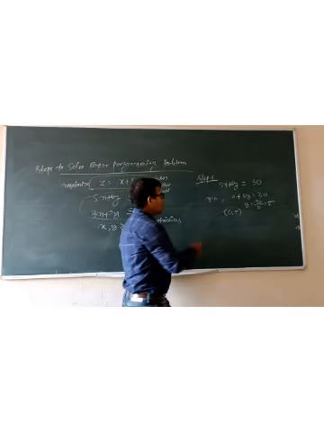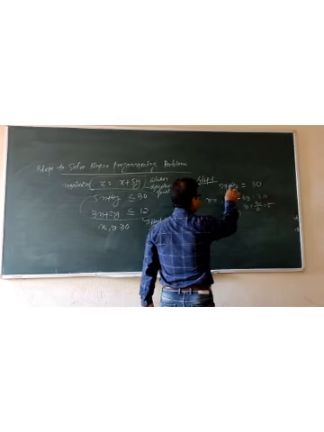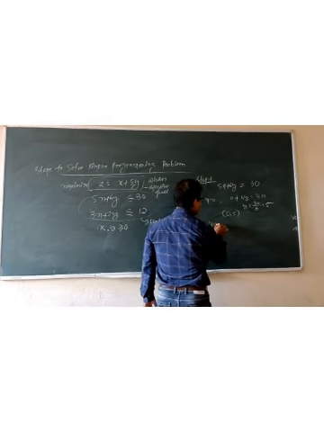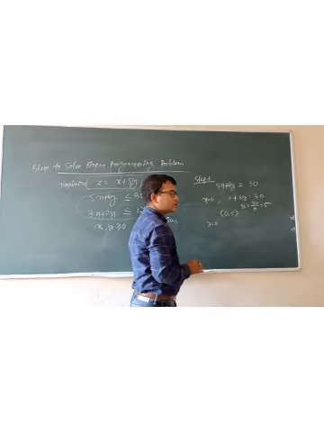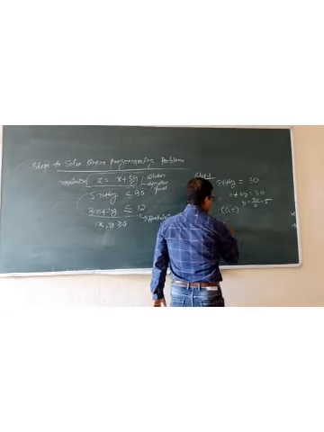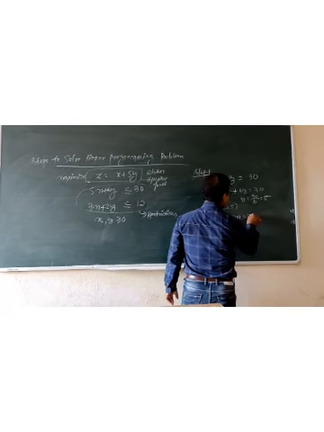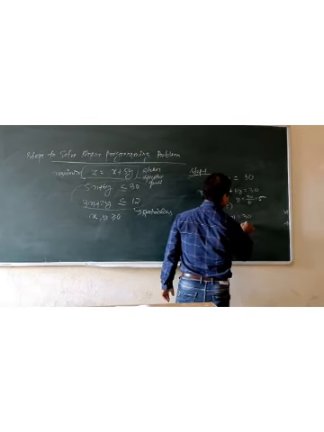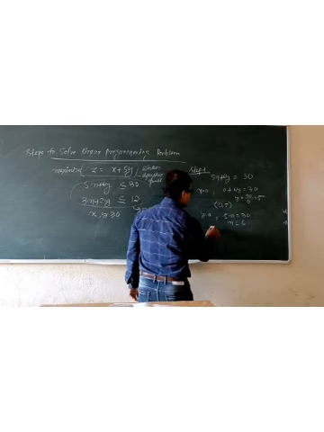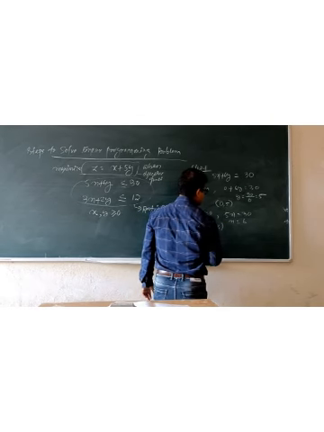Similarly, here you have to put the value y equals 0. If you put y equals 0, then 5x is equal to 30. Then x equals 6. The coordinate is 6, 0.